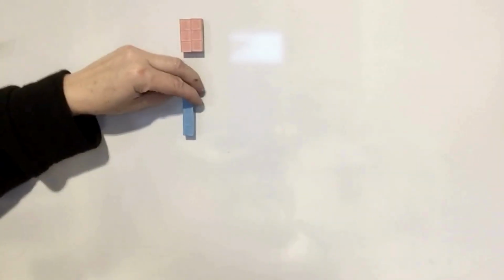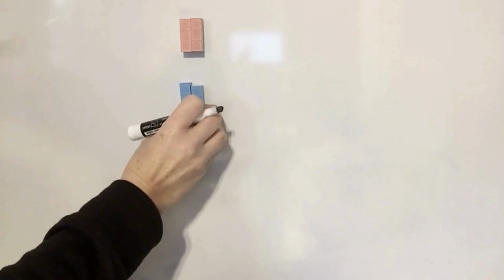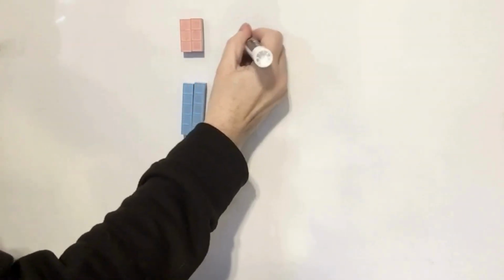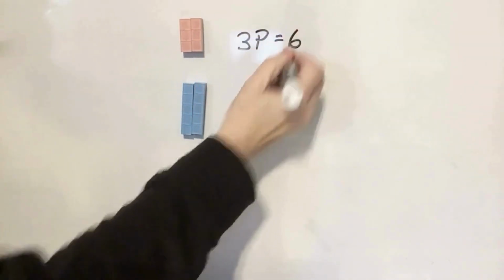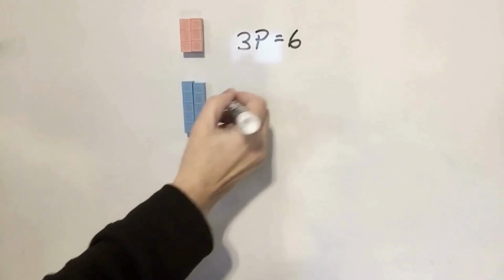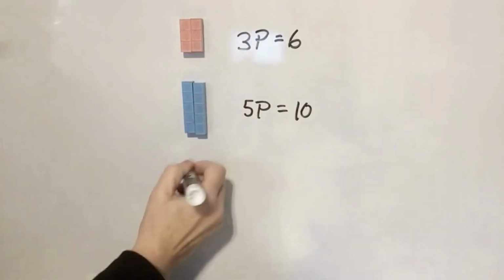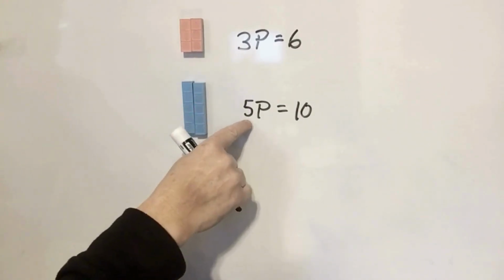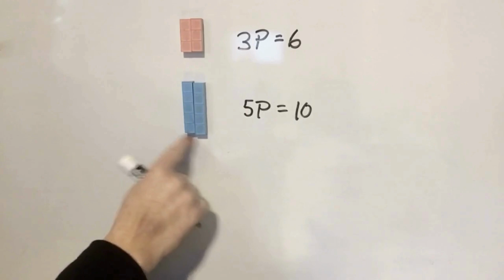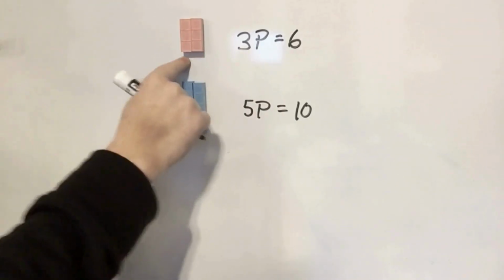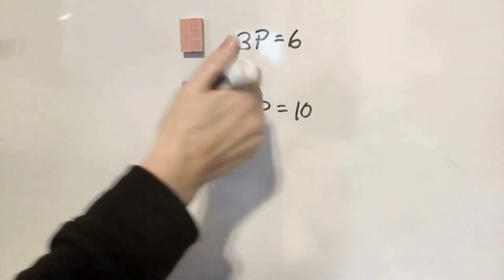So if you look at what they had in there, here, let me just set it up. So they had 3P equals 6, and they had 5P equals 10, right? Well, this is really what they're looking at, is this 5 times whatever this across distance is, and 3 times whatever this across distance is, and the P has to be 2.